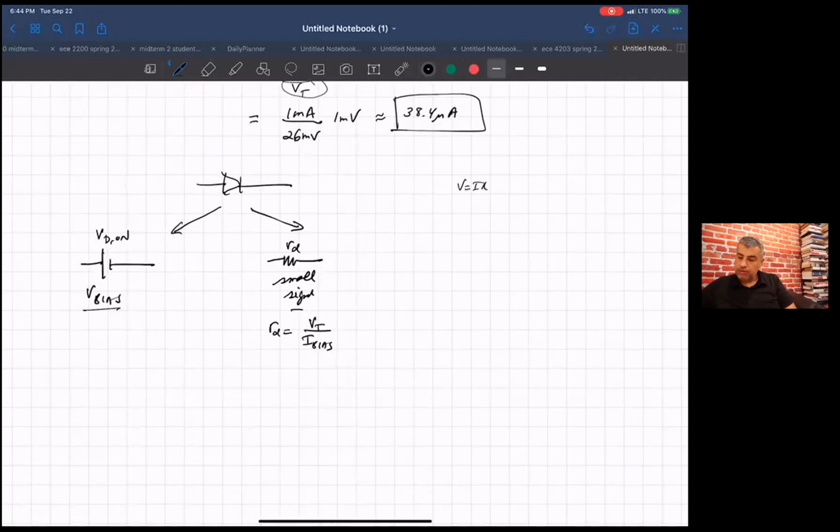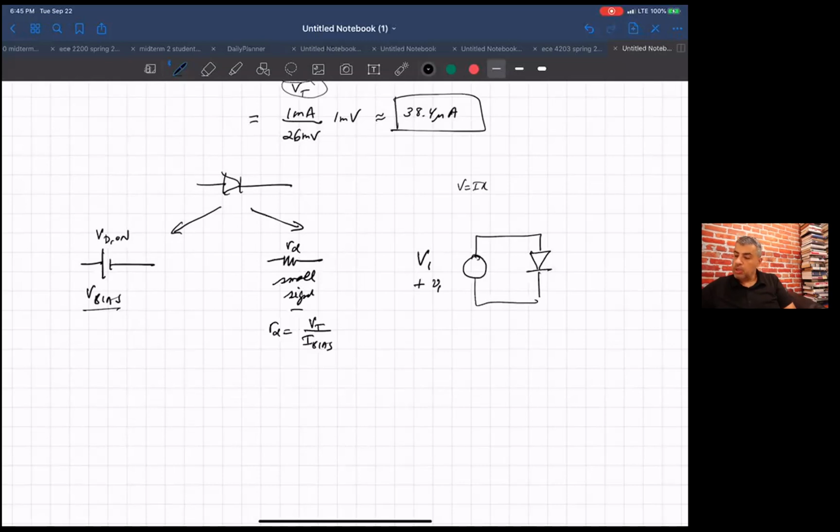So if you have a circuit and you want to use a small signal model, let's say you had an input, a V bias plus, sorry, so you had an input voltage, a capital V, and it had a small delta across it.